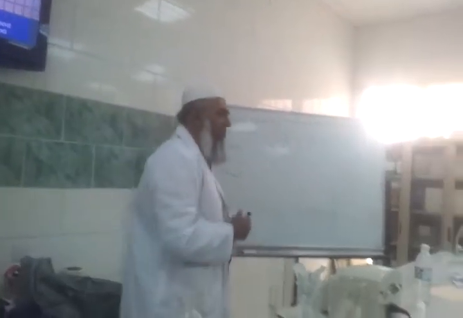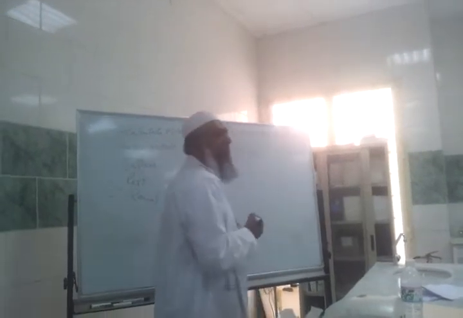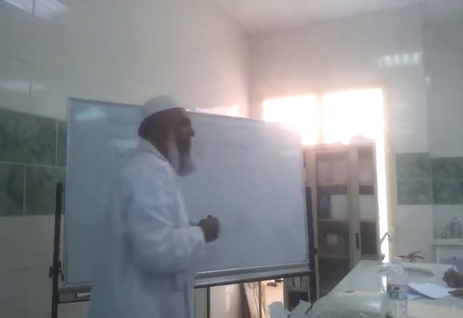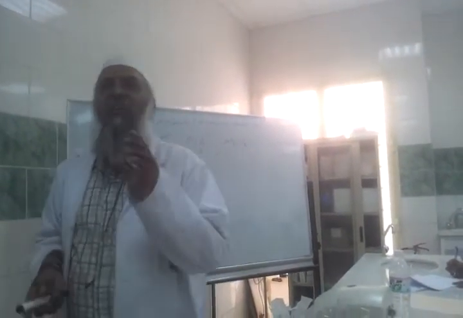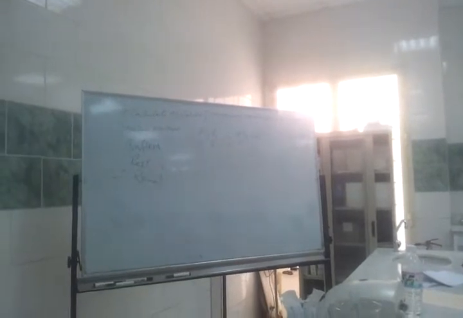How can we calculate? Molarity is equal to concentration in grams per liter divided by molecular weight. Molarity can be calculated by the formula concentration in grams per liter divided by molecular weight.